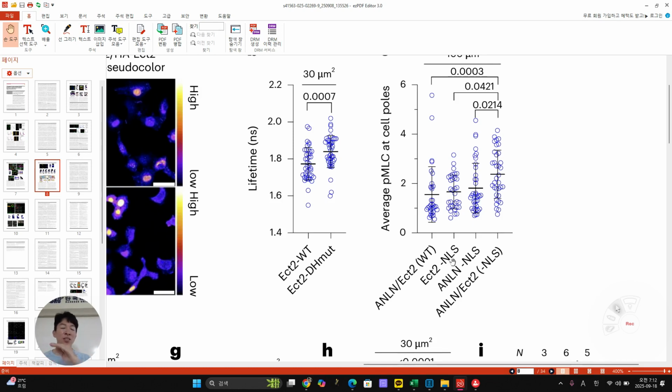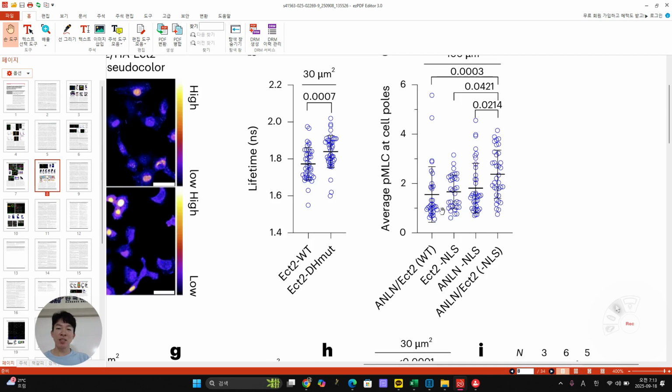When this NLS ligand is attached to a certain protein, the nuclear importer captures it and transports the protein inside the nucleus. It cannot just go there by itself; it needs a transporter. So as a ticket, they need NLS. When they remove NLS, Act2 and anillin should be localized in the cytoplasm more.